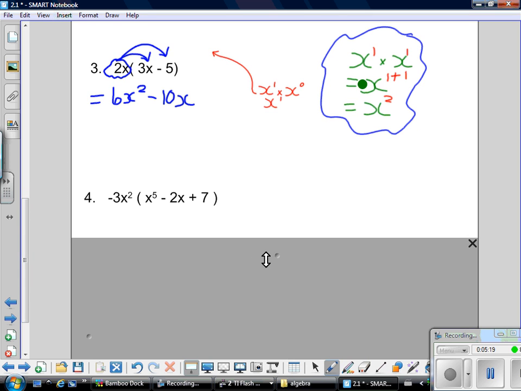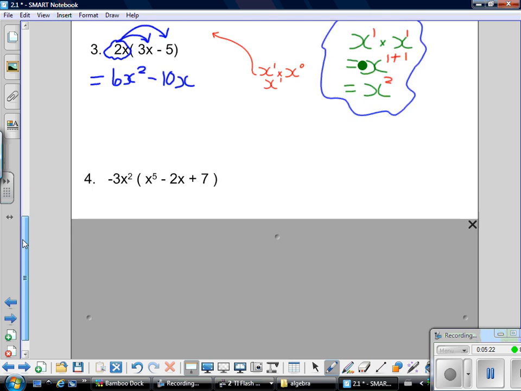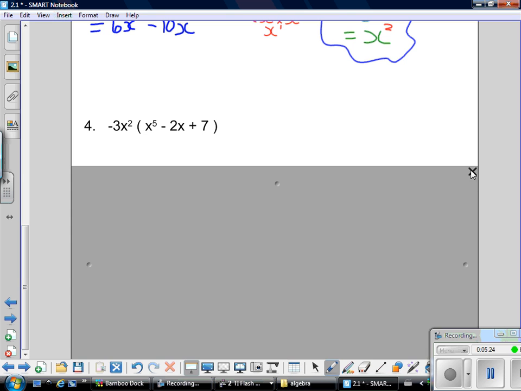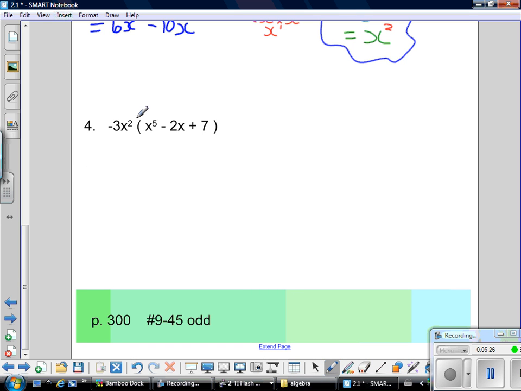Now, the next one looks a little bit harder. Now, it's not that it's harder, it's just that there are more terms in it. Okay, so this time I have a negative 3x squared being multiplied in. Okay, the coefficient in front of the x to the fifth is 1. So I have negative 3 times 1, which would be a negative 3. I have an x squared times an x to the fifth.